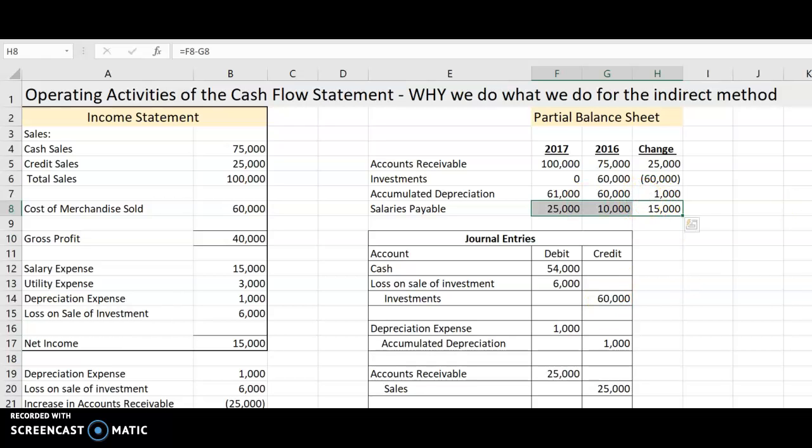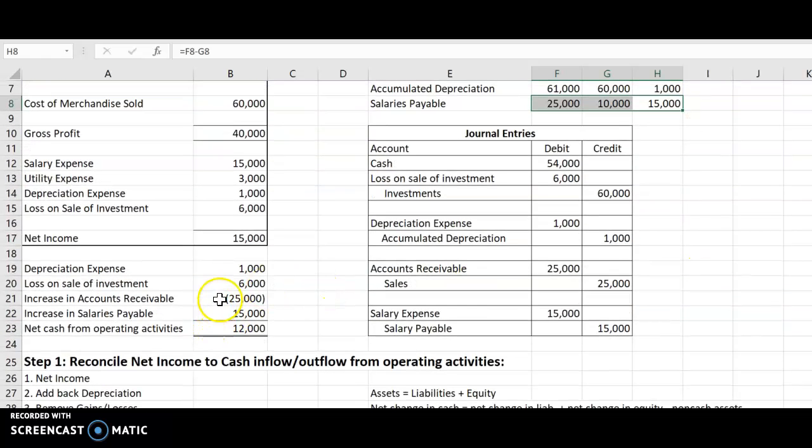So it went up, I add back. And I would do that to every single current asset except cash. And I would go through that for every single current liability except dividends payable, which is going to be used in the financing section.